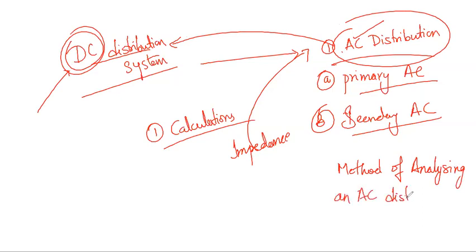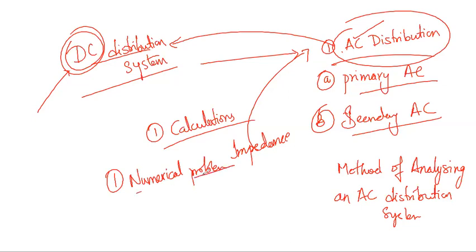These are the important topics, and all the associated numerical problems will be solved here. This is one important thing, and you have to be very clear about certain things.